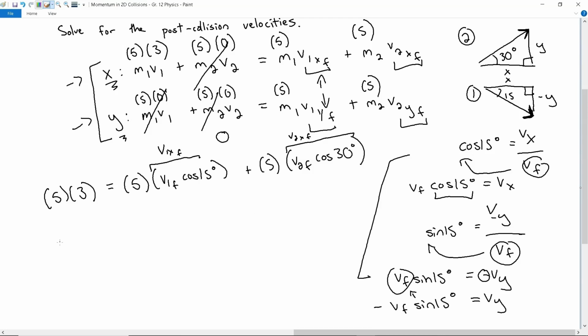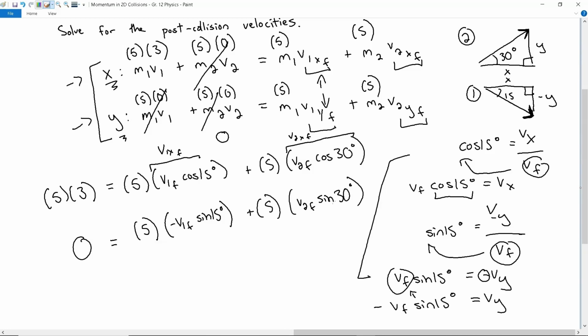I'll also do the same for y, so we have 0 on this side, and we're going to do 5 times negative v1f sine 15 plus 5 times v2f sine 30. And notice how this part here is not negative, because for our second object, y is up in our positive direction.